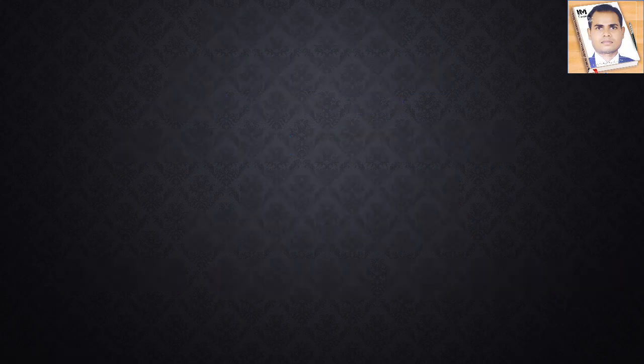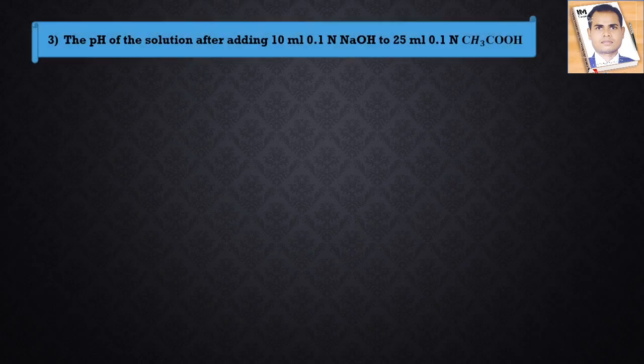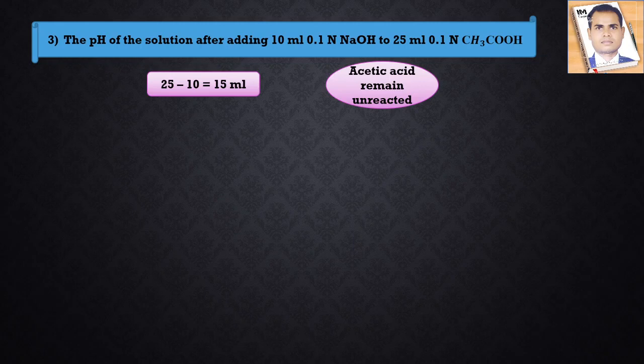Now, the next step: when you are adding 10 ml of 0.1 normal NaOH to 25 ml of 0.1 normal acetic acid, what will be the pH? That we have to calculate. Again, we have to arrange like this. 25 minus 10, so you will get 15 ml.